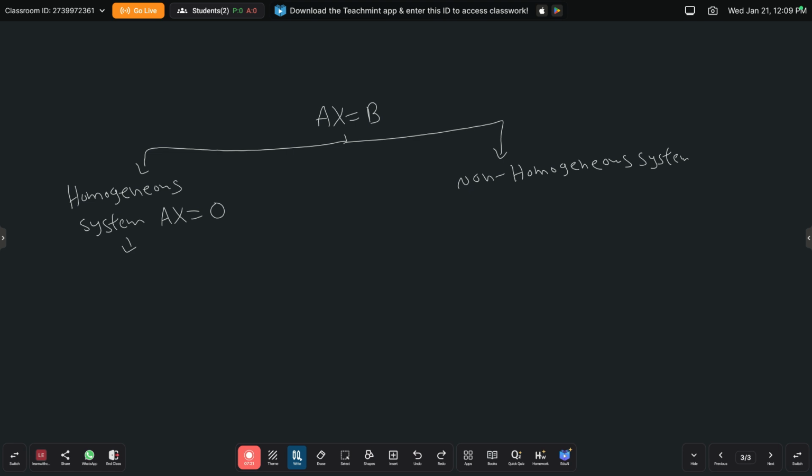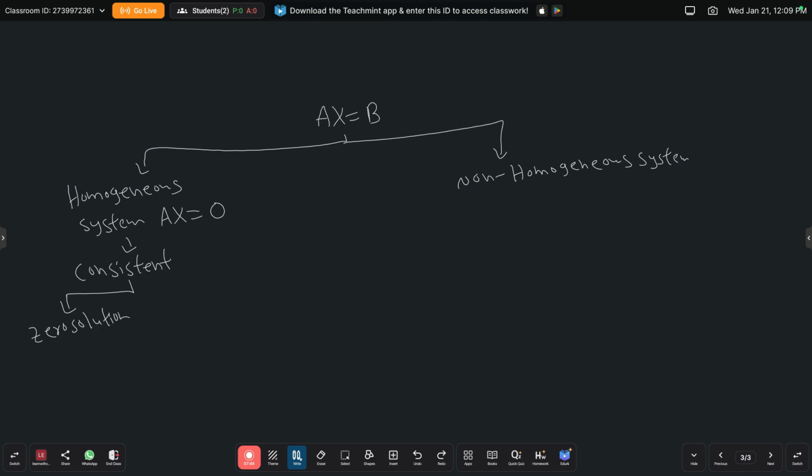If a given system has a solution, we say that it is consistent. Consistent means it has a solution. So every homogeneous system is always consistent. So a homogeneous system will always have the zero solution.